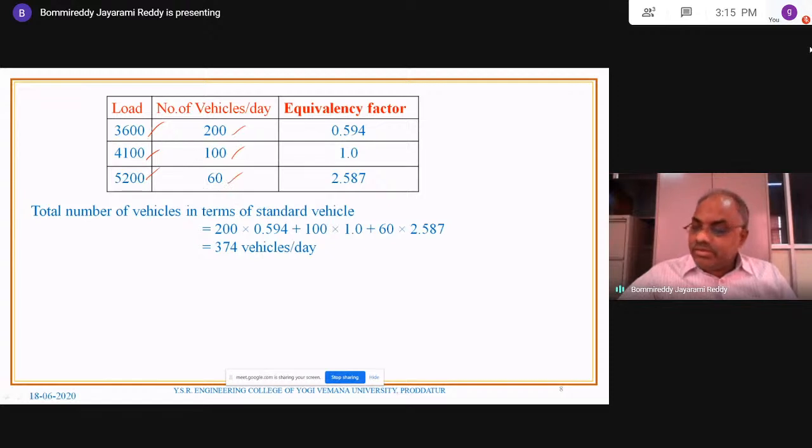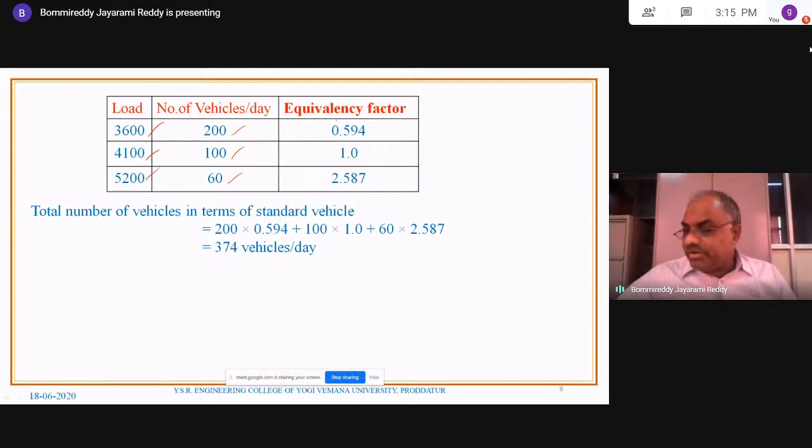Here the different magnitudes of wheel loads are there. We need to compute in terms of the standard value, because we cannot simply count 200, 100 and 60, total 360. That is not correct, because the effect of 3,600 is less, the effect of 4,100 is standard, that is 1, and the effect of 5,200 will be more.